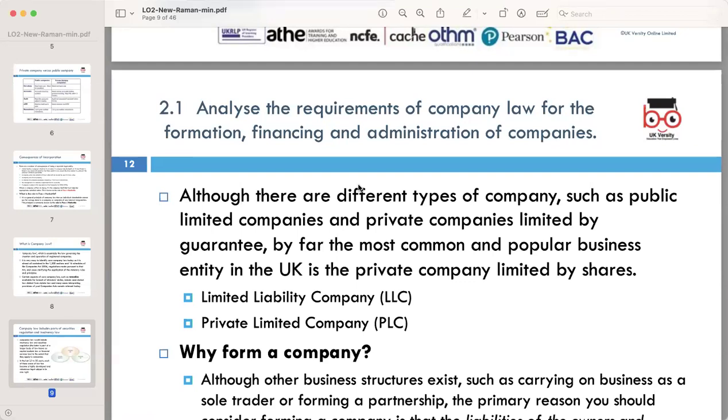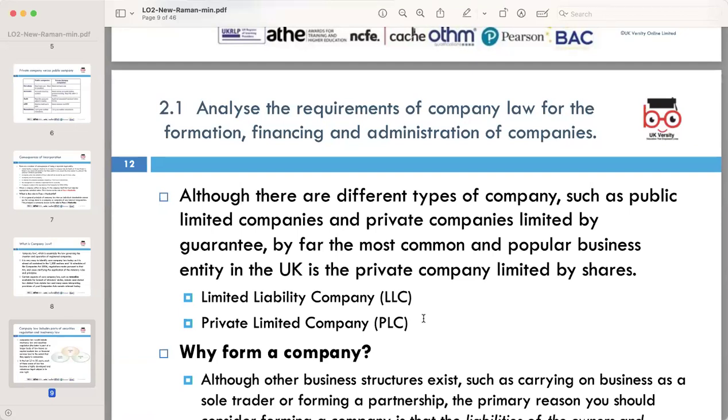So the formation of a company, whether a limited liability company, LLC, or a private limited company, provides distinct advantages, notably the separation of liabilities between owners, directors, and the company itself. This limited personal exposure to creditors and legal actions against the business is a compelling reason to choose the company structure.